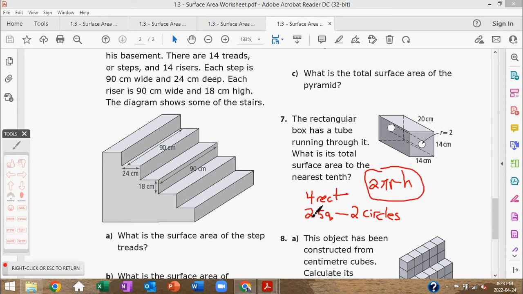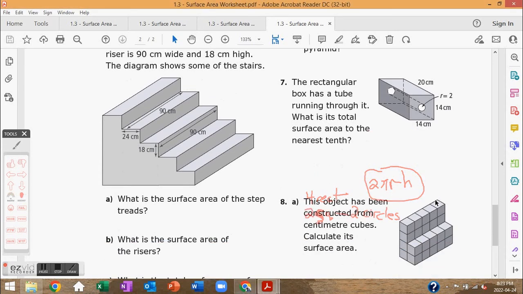So these 4 rectangles plus the 2 squares minus, it's supposed to be an S, it looks like a 5, I'm struggling here apparently. Sorry. 2 squares minus the 2 circles plus this 2 pi r h, and away we go.